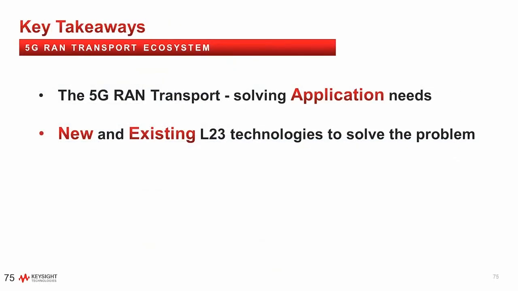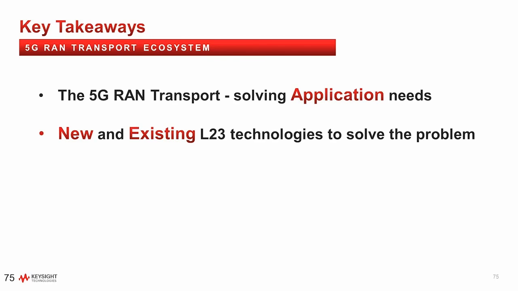As we reach the end of the webinar today, let's try to articulate our learnings and key takeaways from this session. We have seen that the 5G RAN transport is a complex ecosystem trying to solve application needs. A combination of new and existing layer 2-3 technologies can solve these problems and help design the network infrastructure.